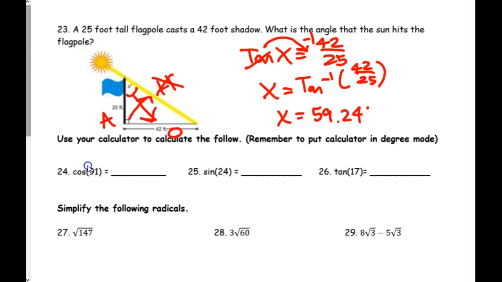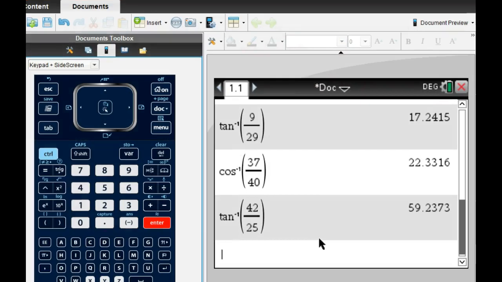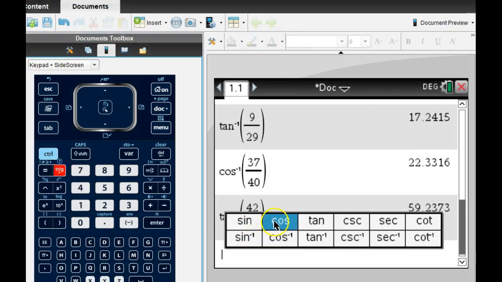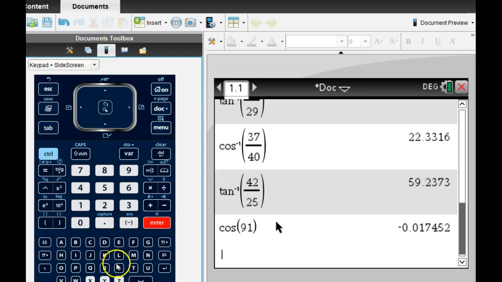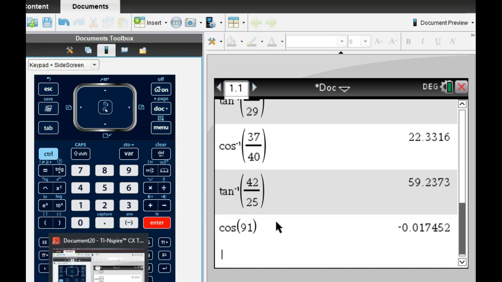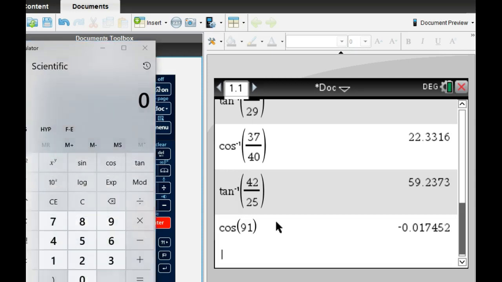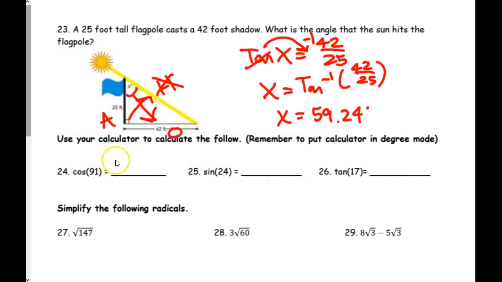When you see these, they should be the easiest thing in the world because you're just typing in the calculator and getting your answer. So let's do that. Cosine 91 gives us a negative decimal, negative 0.02. We're going to round to the hundredths place. Sine 24.